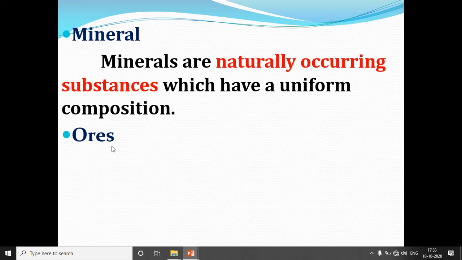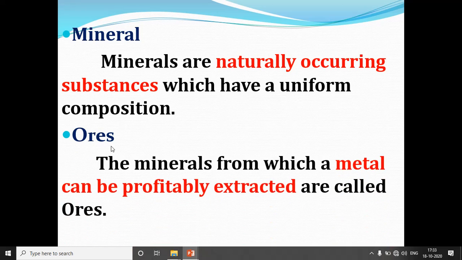Now, ores. What is meant by ores? The minerals from which a metal can be extracted are called ores. So ores are the minerals from which a metal can be extracted.